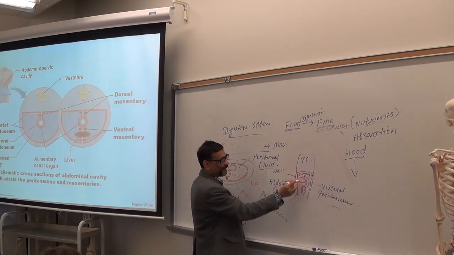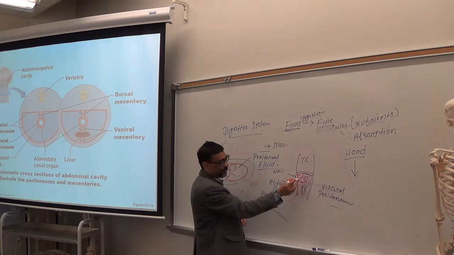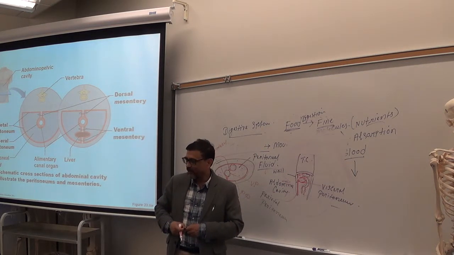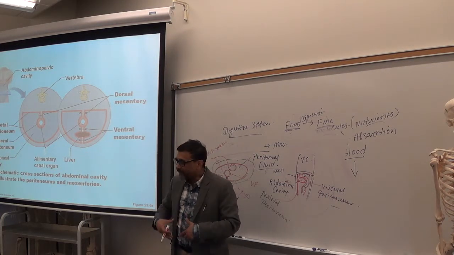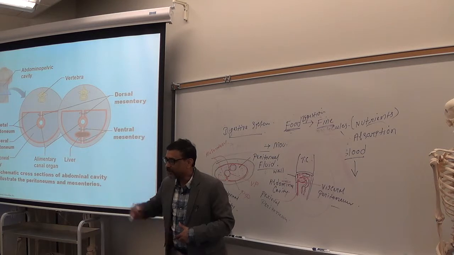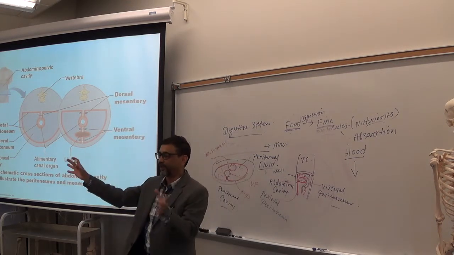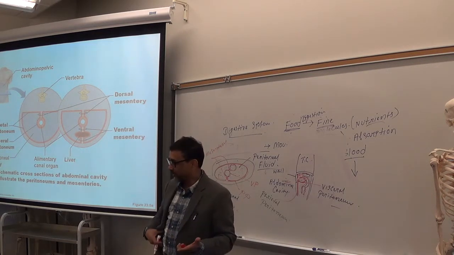So, from the wall, this mesentery is going to the internal organ, right? The mesentery are like ropes tying the organs to the body wall, and keeping them in the right locations. As I have mentioned, you have several organs inside the abdominal cavity.